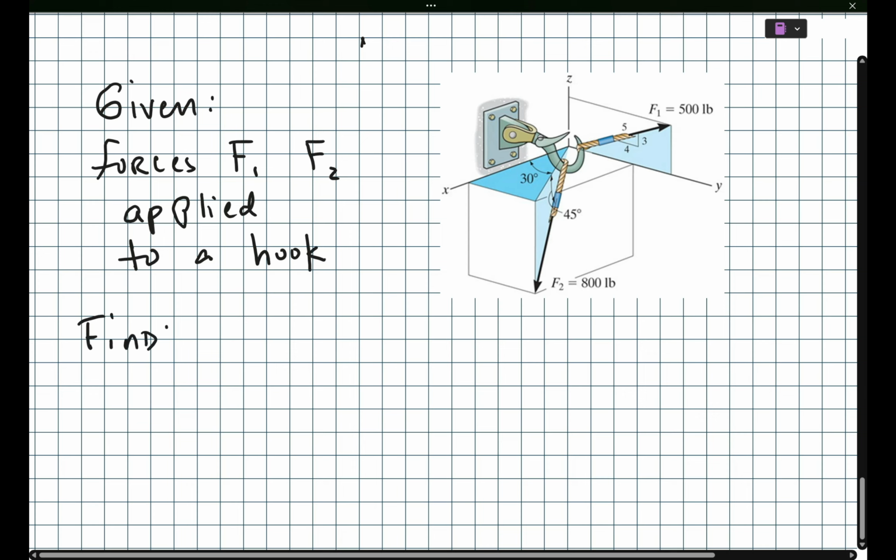So what do we need to do? We're here to find the resultant force, and we're going to do this in the Cartesian vector form.